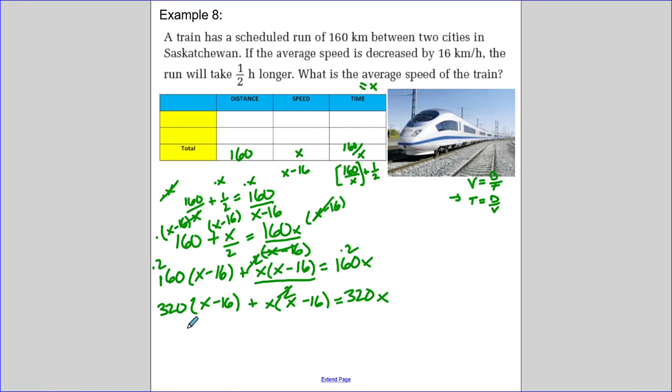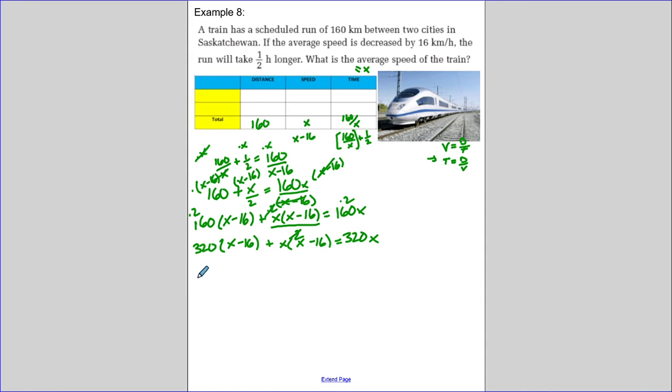Now I need to expand this out and start to solve. 320 times 16 gives me 5,120, so 5,120 plus x times x is x squared, minus 16x, is equal to 320x.